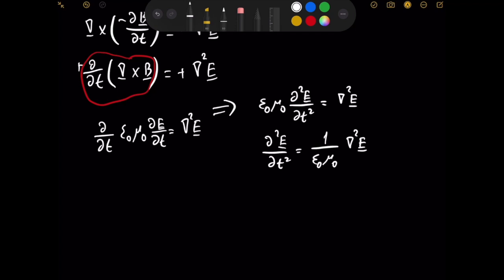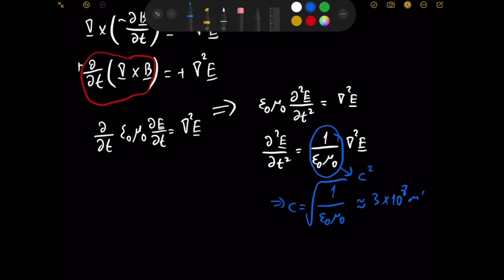But in this general form, this part is the speed of propagation of the waves squared, which we denote with c squared. Which means that c is equal to 1 over the square root of epsilon naught mu naught. And if you were to plug in the values for epsilon naught and mu naught, you would see that you get the familiar value for c, which is 3 times 10 to the power of 8 meters per second, approximately.